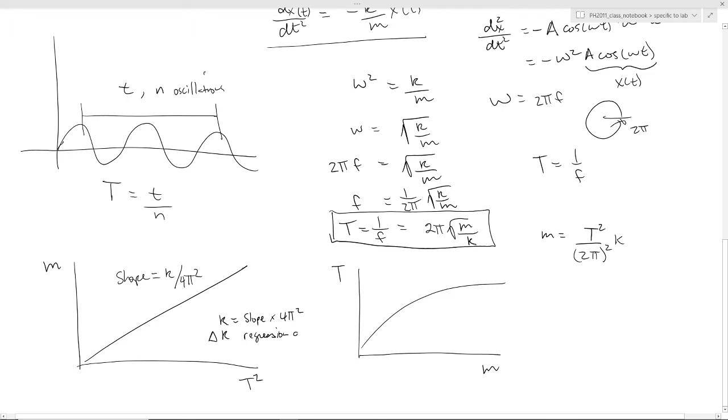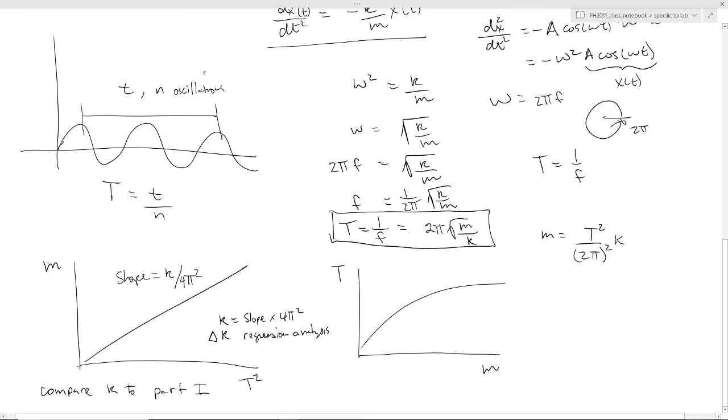And what you can do then is compare this k to what we measured from part 1.